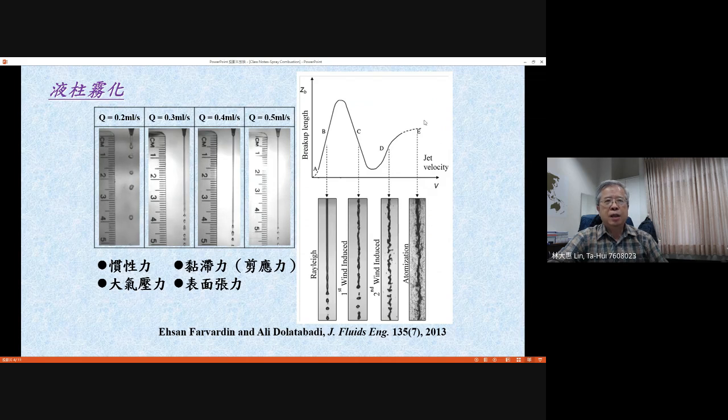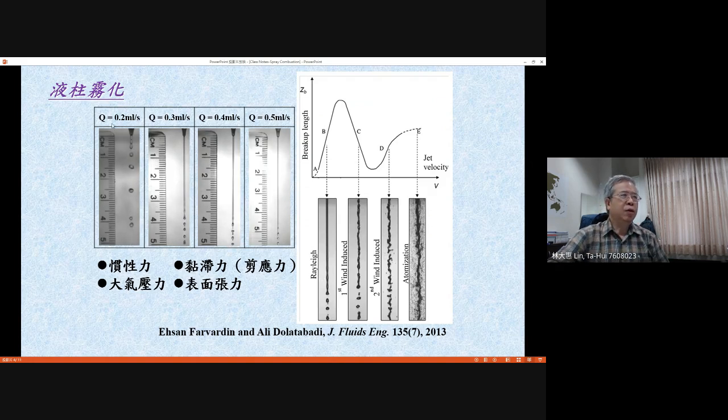But later on, you can see when you go to E, it will go to the so-called atomization mechanism, as I mentioned from our previous discussion in our lecture notes. Okay, these are the several regions from B to C to D to E by changing your injection velocity. But now, from the experimental observation shown on the left-hand side, we just described that region B belongs to the Rayleigh theory.